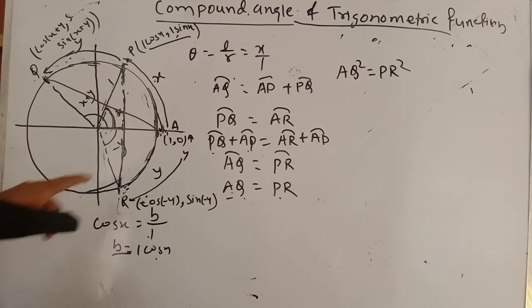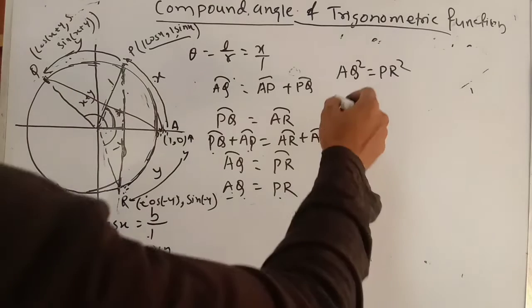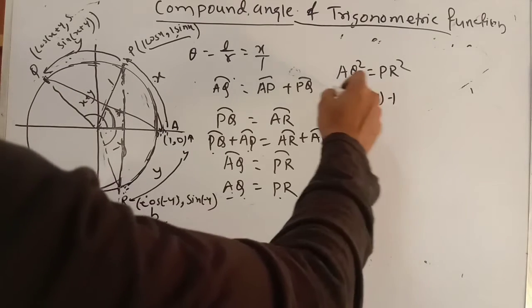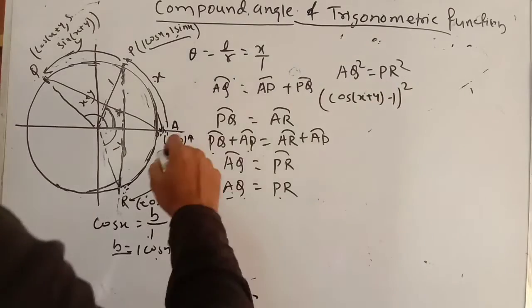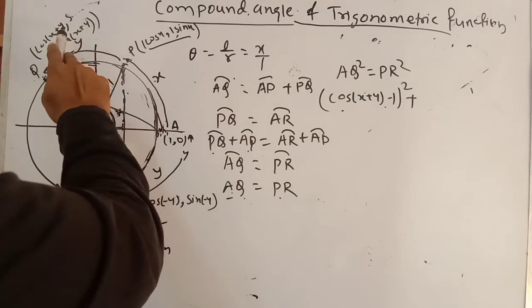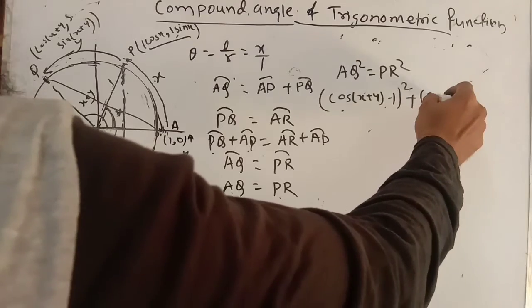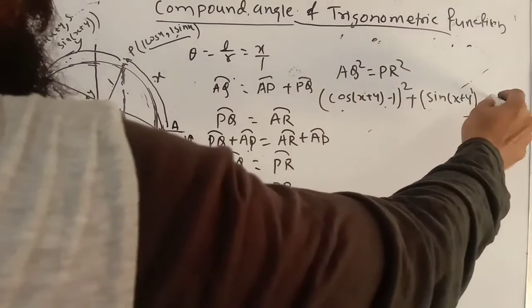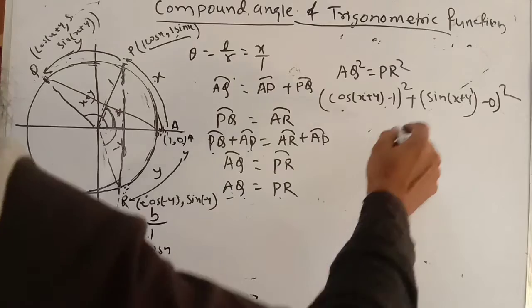So what is AQ square? You can write (cos(x plus y) minus 1) whole square, using x2 minus x1 whole square plus y2 minus y1 whole square, plus (sin(x plus y) minus 0) whole square.